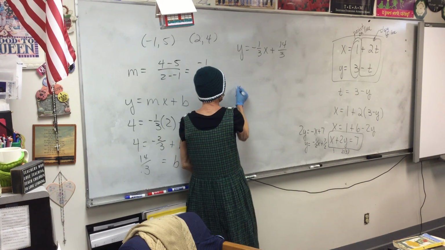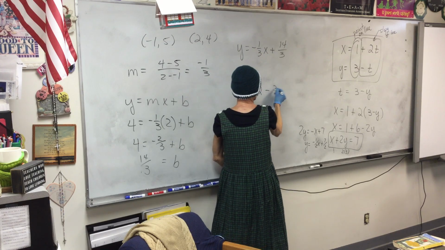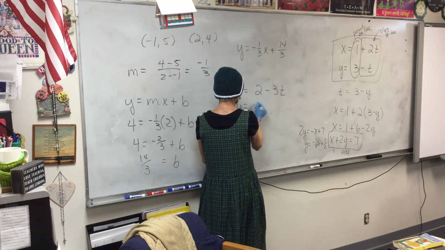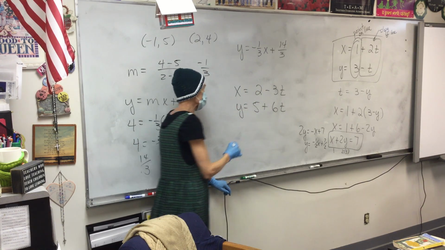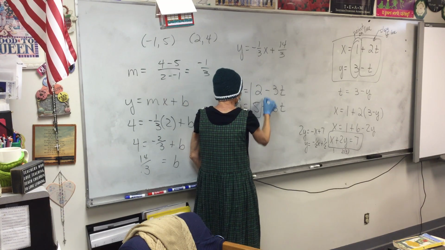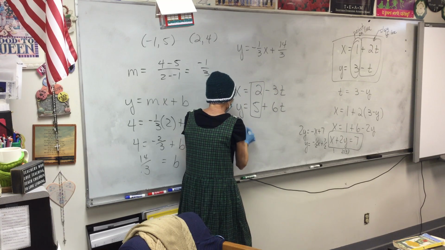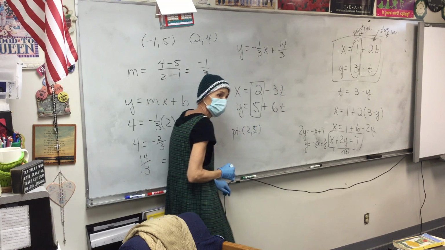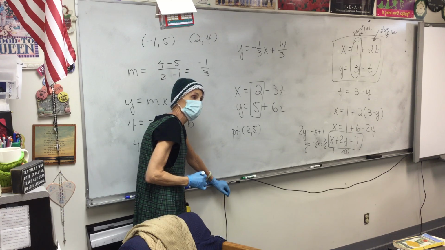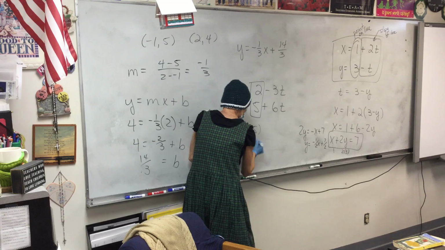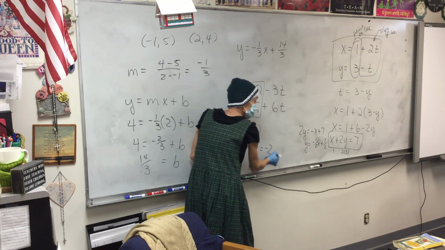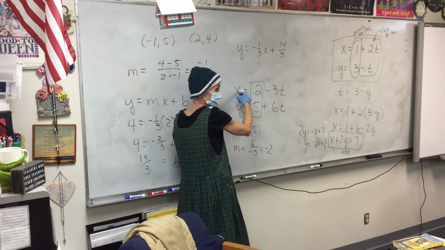So when I look at parametric equations, I can tell you right away that a point on the line is 2, 5, and the slope of the line is 6 over negative 3. Remember, slope is always y over x.